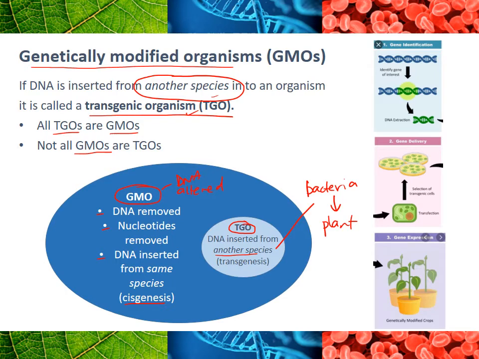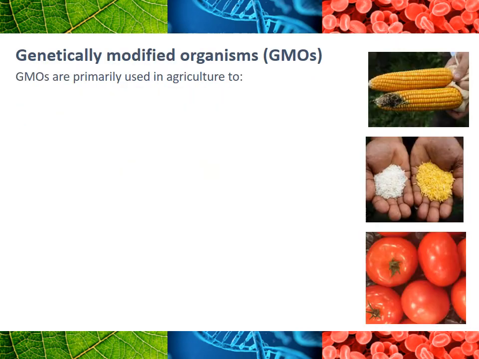And people often look at that and go, well, bacteria aren't a plant, so therefore it's not a TGO. Bacteria are living organisms. So if we take the genes from bacteria and put them into a plant, that is going from one species to another species. That would be a TGO. We'll look at some examples and hopefully clarify this a little bit.